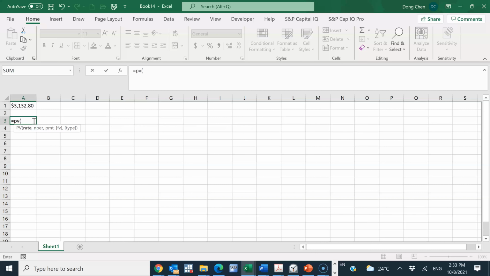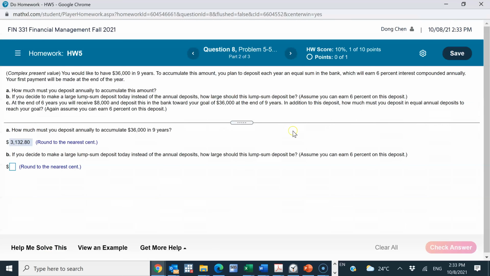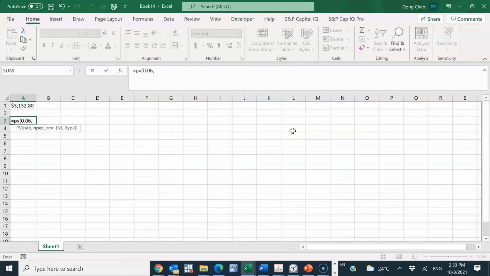So equals PV and then open. The interest rate again is 6%, right? And then NPER, that's the number of years for the compounding, so that's 9. And then the payment, PMT, stands for the annuity payment. But in this case, we don't have an annuity, so this is actually 0.